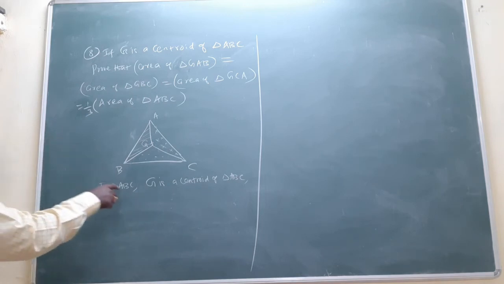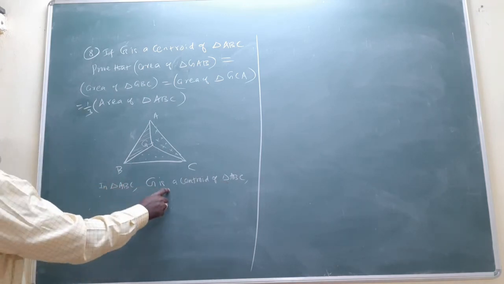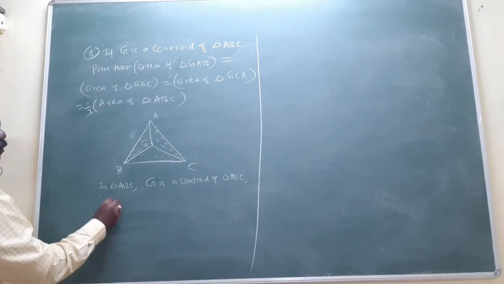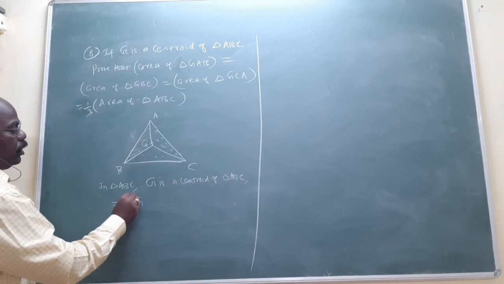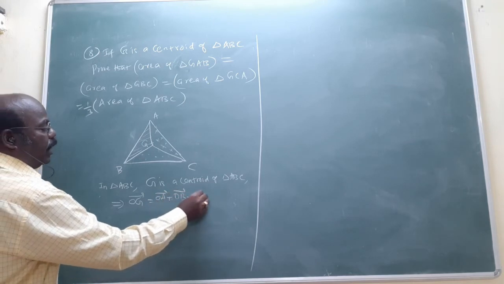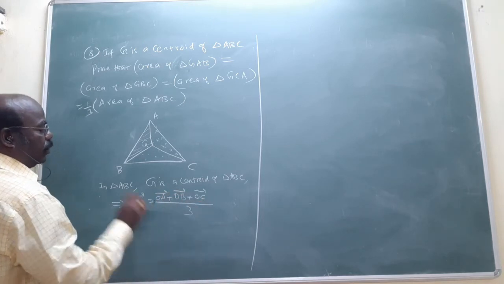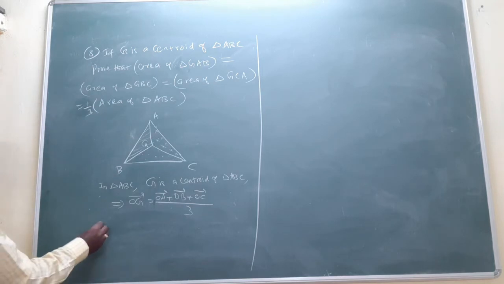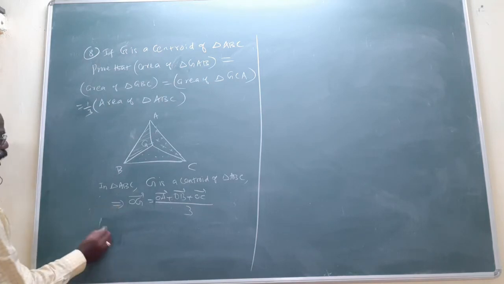Now G is the centroid of the triangle ABC, as given. The simple centroid formula is OG vector equals (OA plus OB plus OC) by 3.